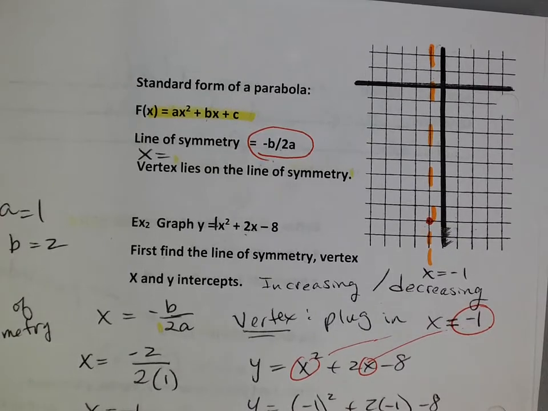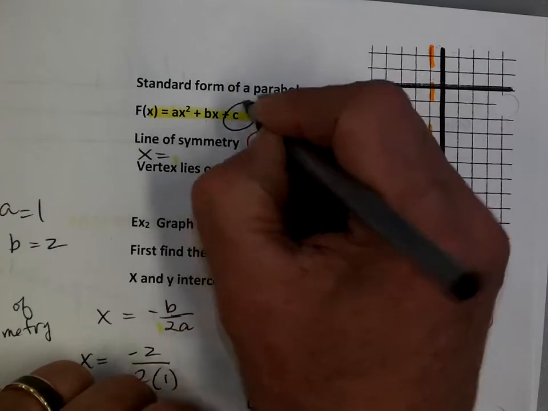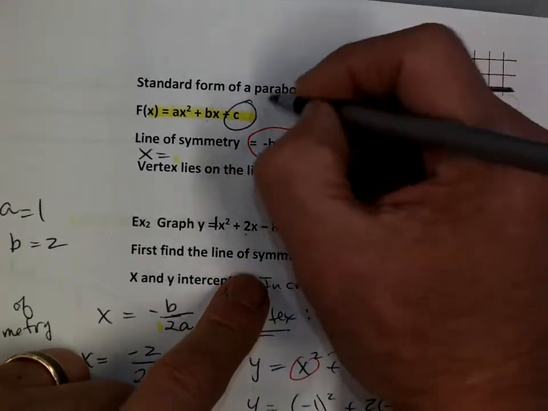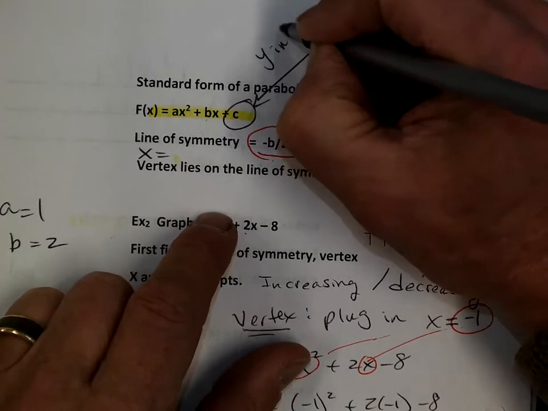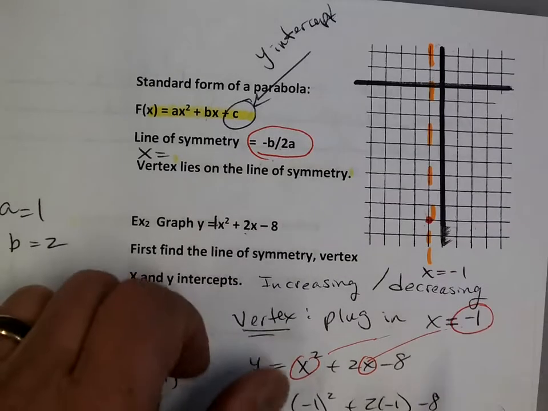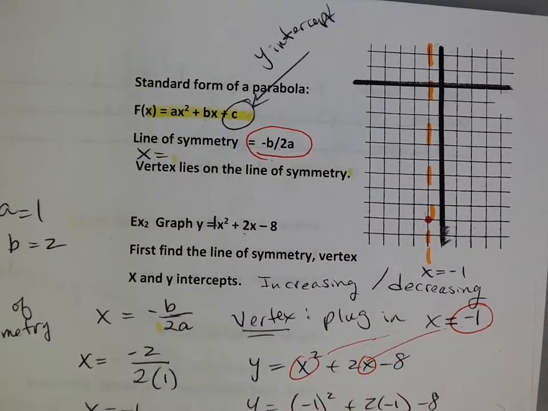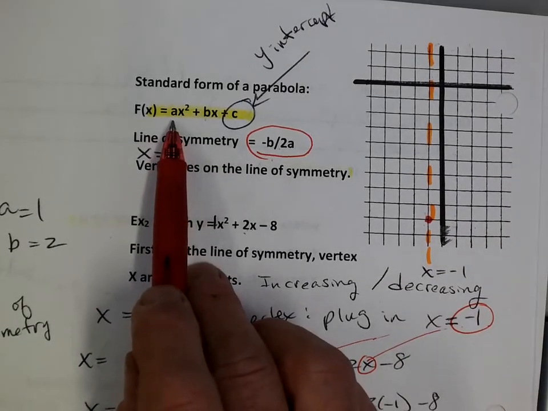Now there's one other point I know. Because it's in standard form, the c, that number by itself, is my y-intercept. That makes sense, because if x is 0, what are you left with?